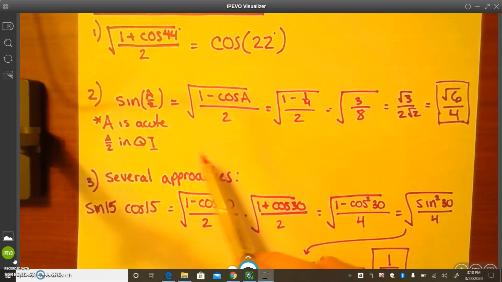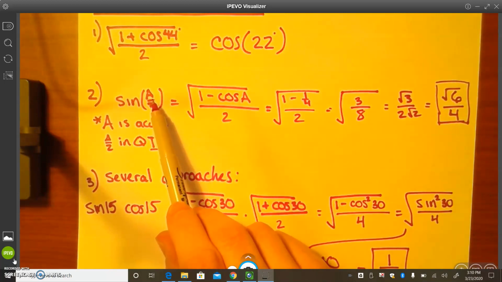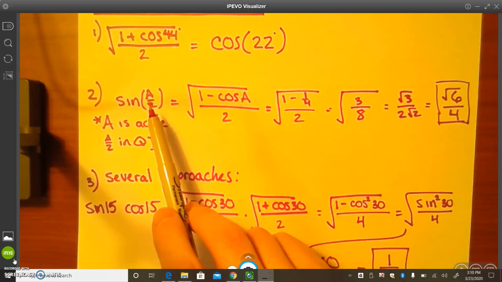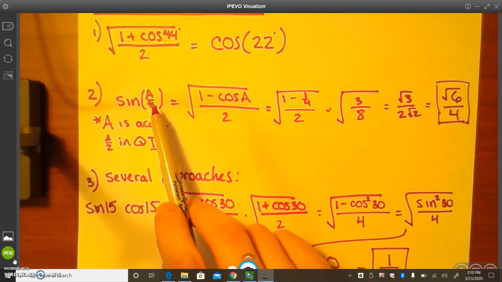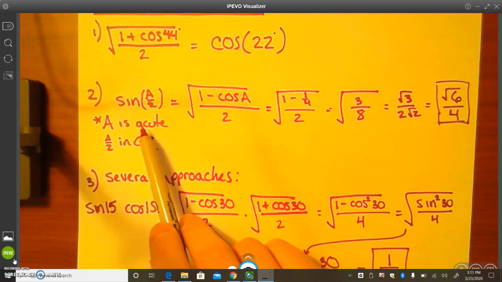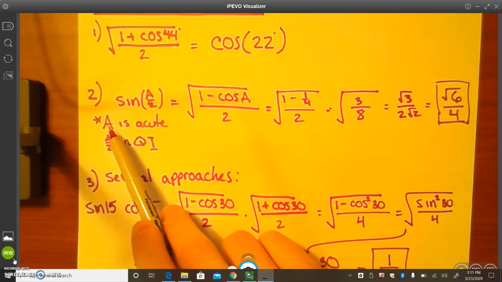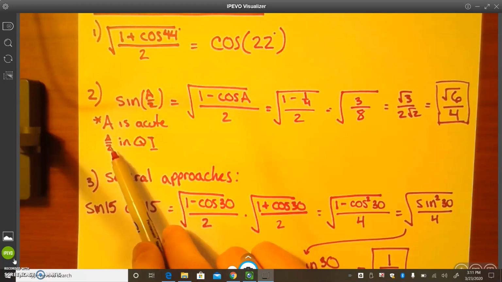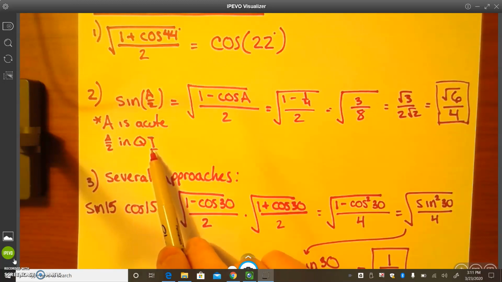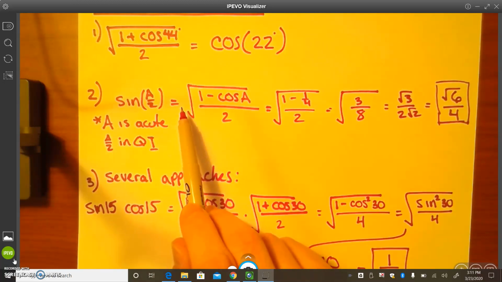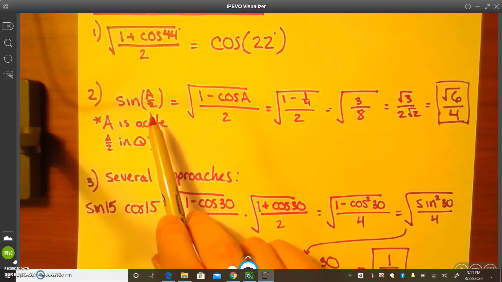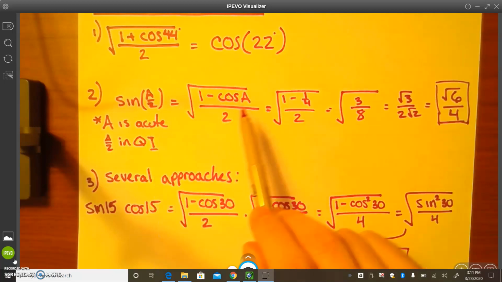For part 2, changing up the variable, we have capital A. So they gave us that cosine was 1/4 and that A was acute. Well, if angle A is acute, angle A has to be quadrant 1, so then half of A also has to be quadrant 1 as well. So that's why I'm going to take the positive root, because sine is positive in quadrant 1.